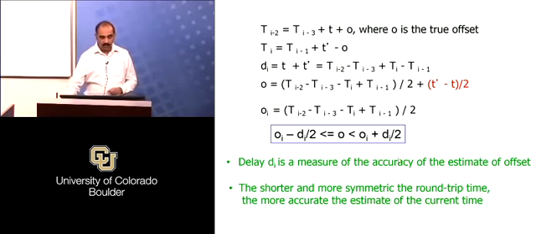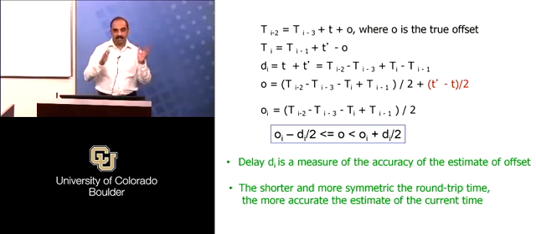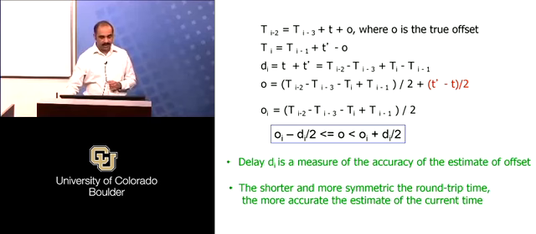The true offset O turns out to be between O_i minus D_i over 2 and O_i plus D_i over 2. That's the estimate error bound. So D_i is the measure of accuracy of the estimate of this offset.